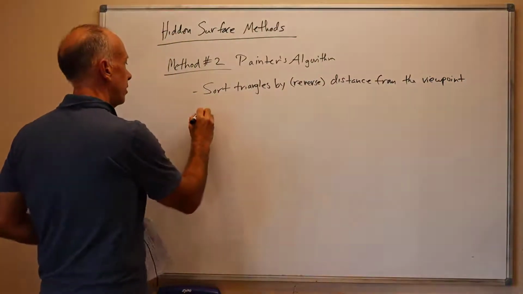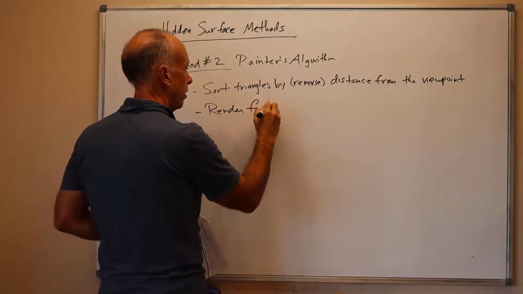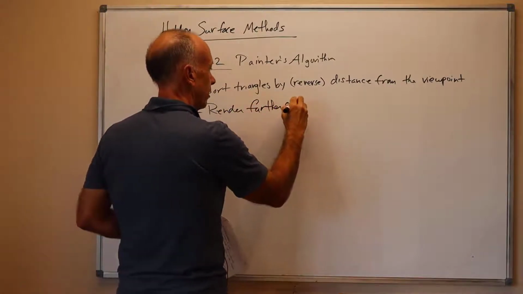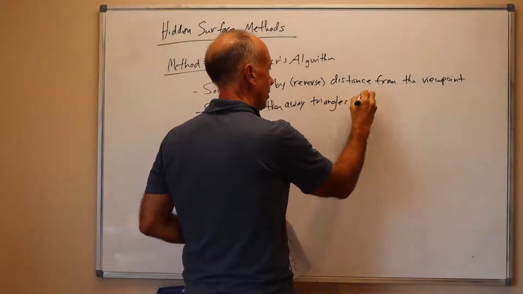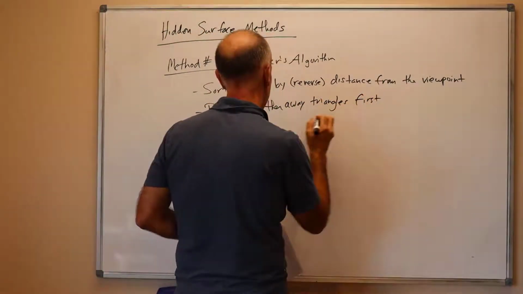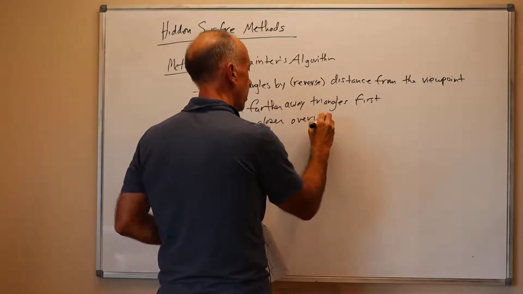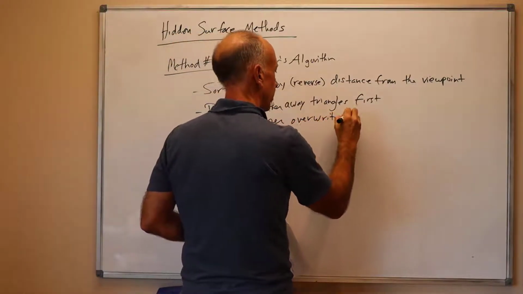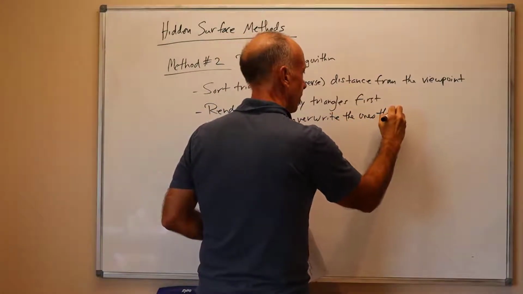And we then render farther away triangles first, and closer ones last, and the closer ones overwrite the ones they hide, or the portions of the ones they hide.